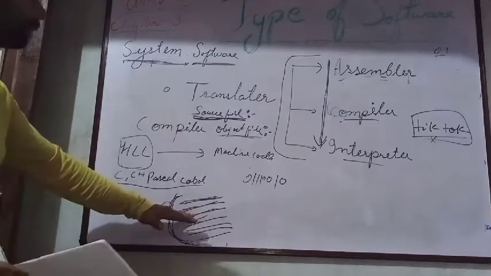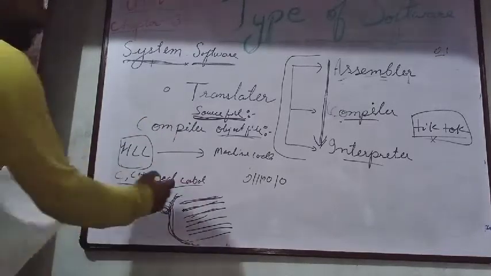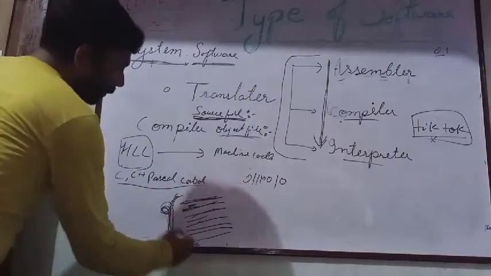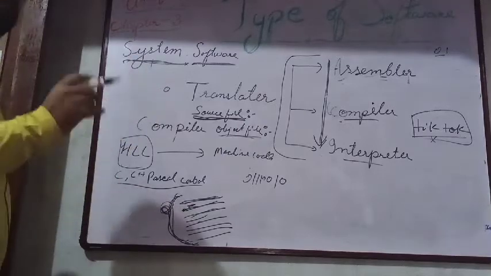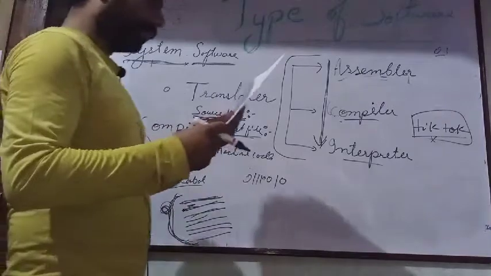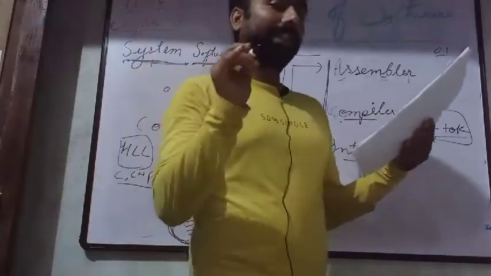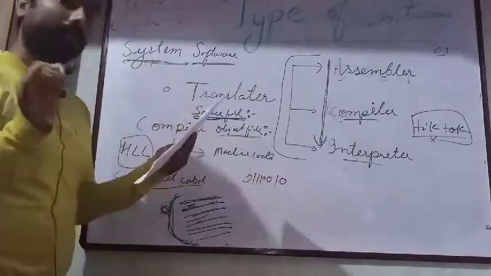In between, the compiler is not going to tell you that your mistake is in the first or second line. At last only you will come to know, after compiling, where the mistake is. If there is an error, it is reported with the line number to the user.